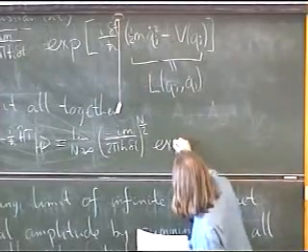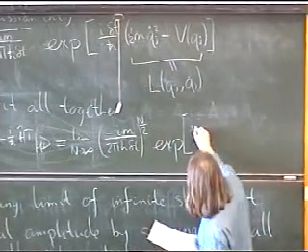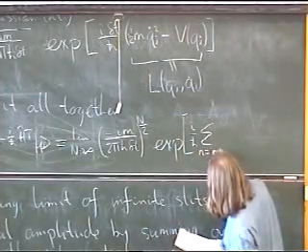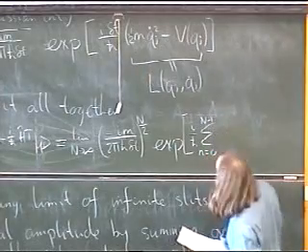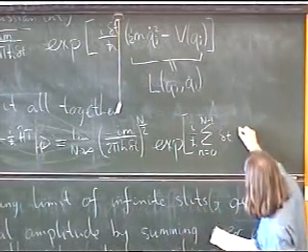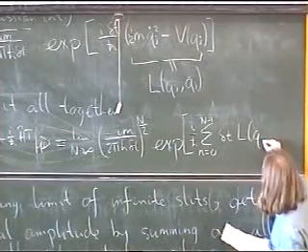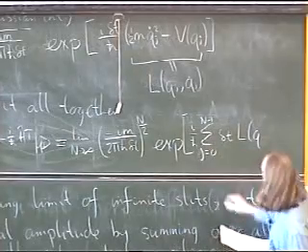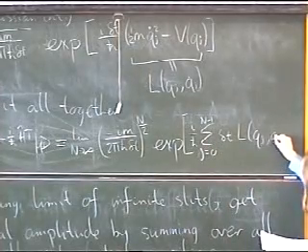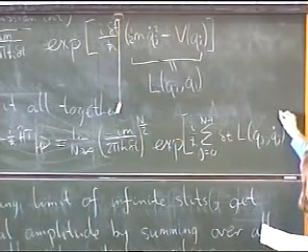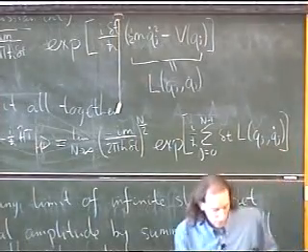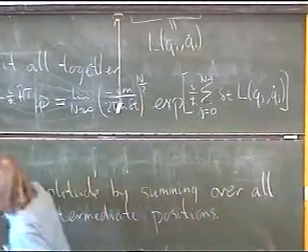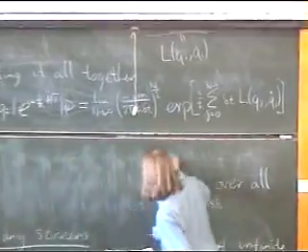So we get exponential of i over h bar, sum j equals 0 to n minus 1, delta t times the Lagrangian of q j, q j dot. And taking the limit now is actually trivial, which gives us our final result.